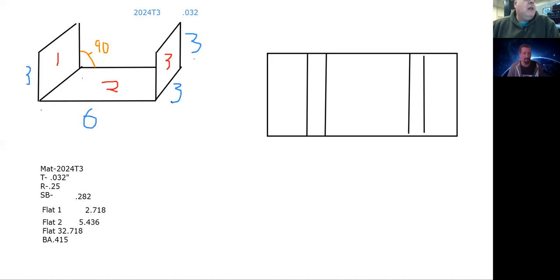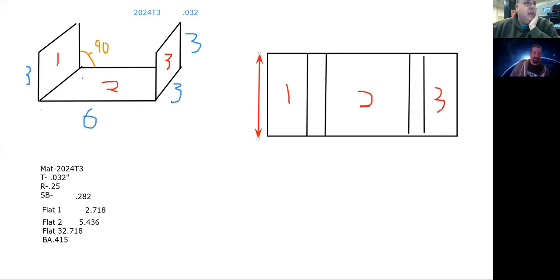We'll do this here. This will be flat 1, this will be flat 2, and this will be flat 3. Now, what will the dimension of this line right here be?